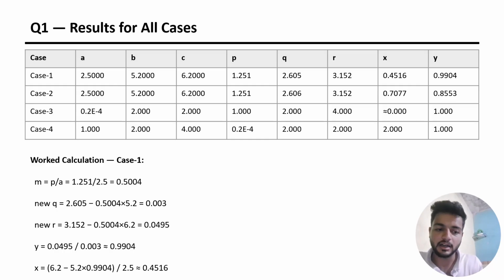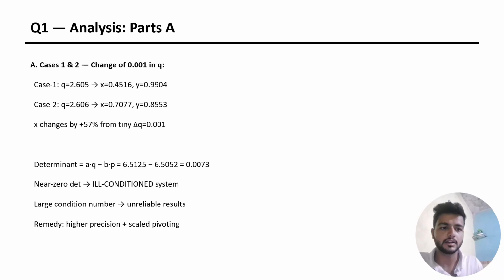Similarly, we will get r is equal to 0.0495. Using this, we'll get y is equal to 0.0495 divided by 0.003. So we'll get y is equal to 0.994, and using y we'll find x is equal to 0.4516.